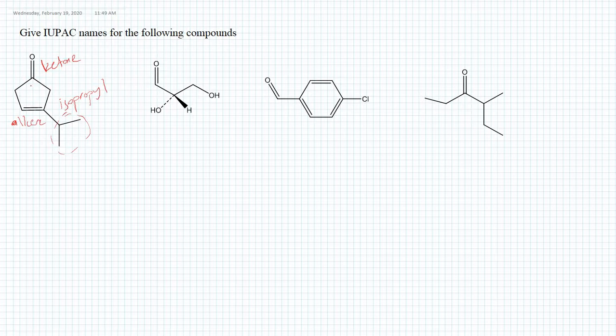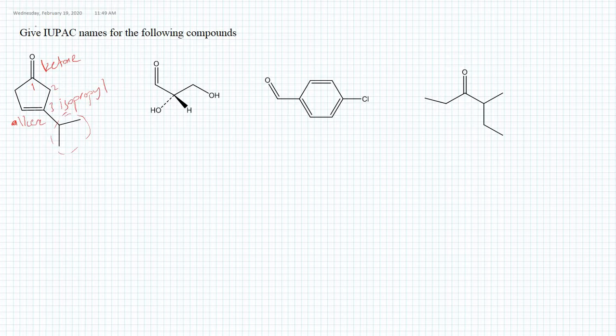We always know that when we have ketones in cyclic structures, we have to start numbering the carbonyl carbon as 1. Then I will go this way, because when we go this way, we will have 2, 3, and the alkene is at 2, 3, but the isopropyl substituent will be at the 3rd position.